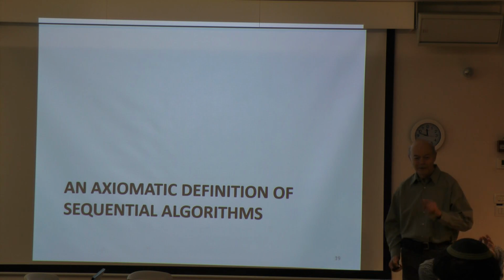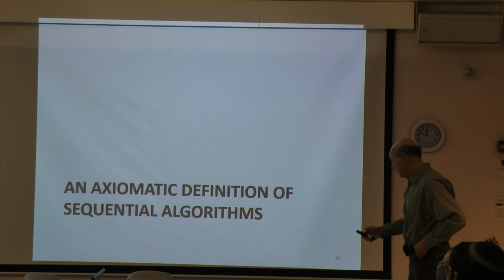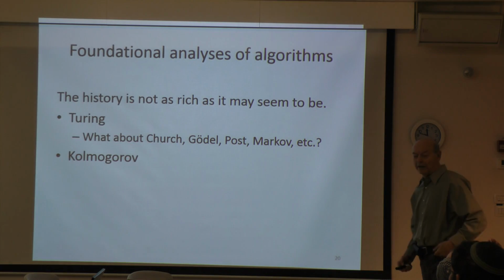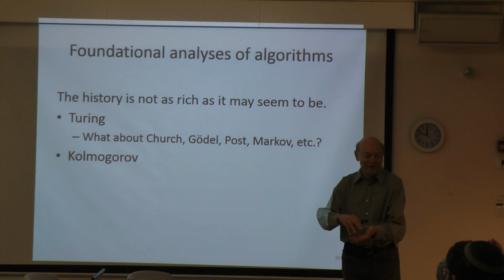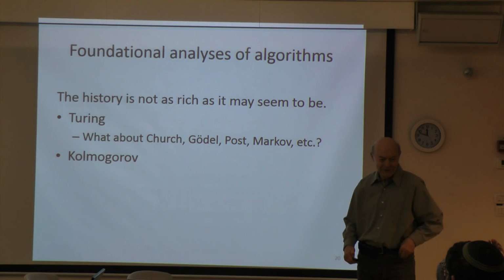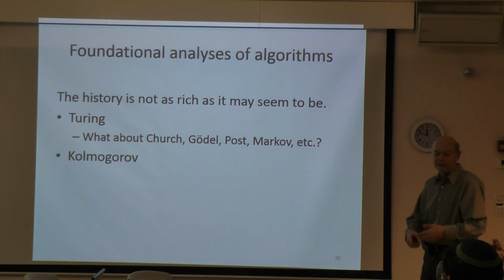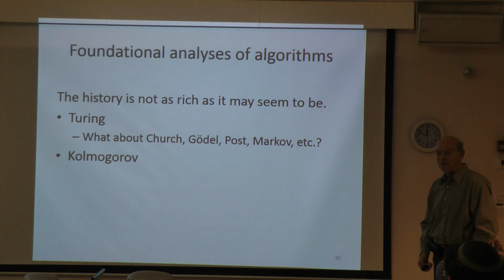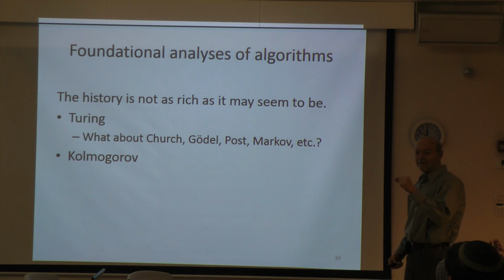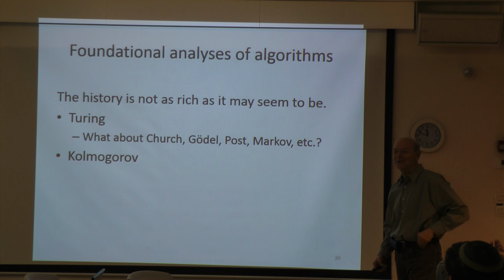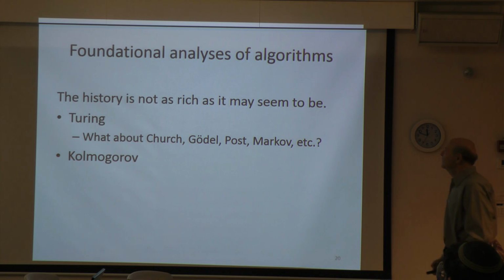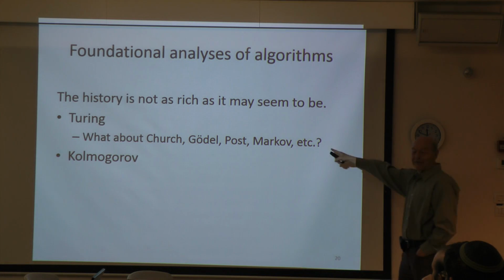Yes, I'll return to this. Sorry, I don't want to not let you speak, but I'll just return to this question. In fact, I don't mind being interrupted all the time, so that I don't lose the time. Okay. So, foundational analysis of algorithms. That's exactly right here.